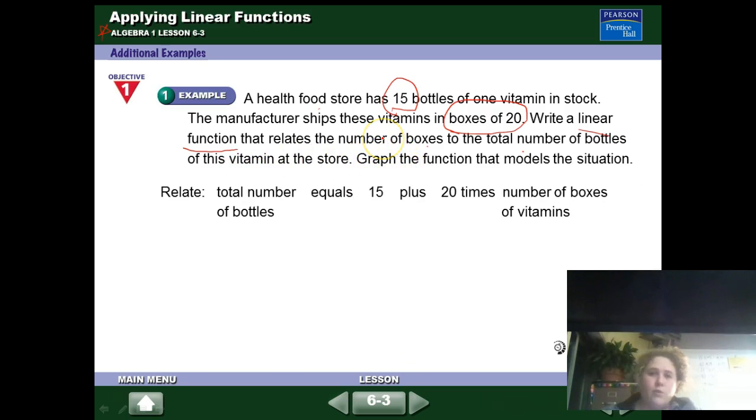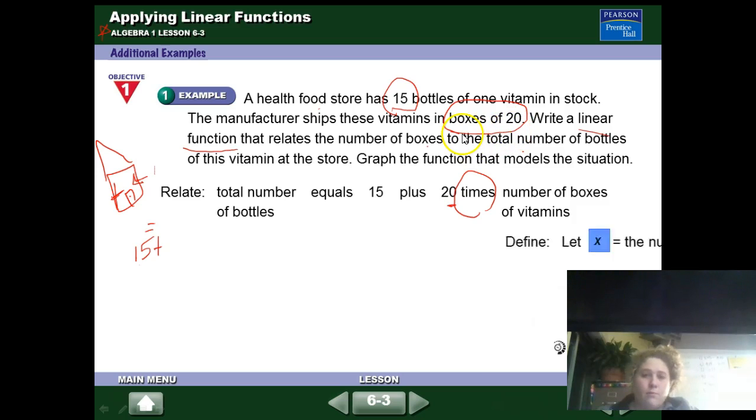So what do we know? We just said the total number of boxes on our shelf. So this is my little store here. The number of bottles of vitamins in this store is going to equal 15 that I currently have on my shelves, plus however many boxes I have in the back, and I need to times that by 20, because in each box there are 20 bottles.